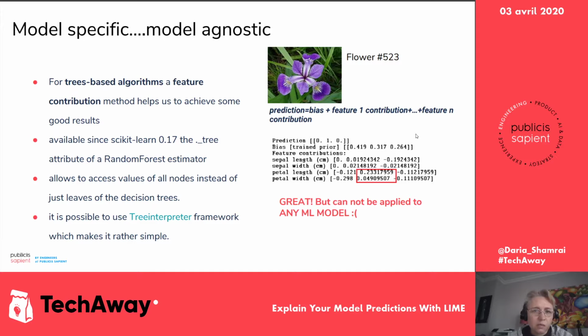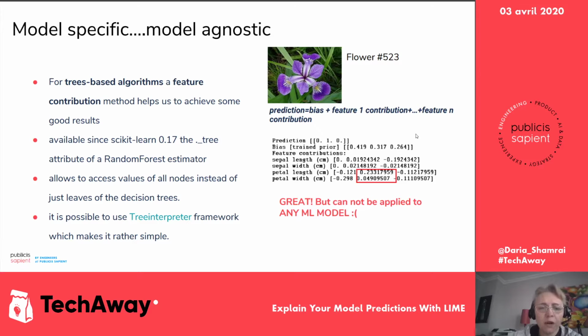Moving to the other dimension, model specific versus model agnostic, I want to illustrate the thing with one example. Again, tree-based algorithms have a cool thing called feature contribution. Since a recent version of the sklearn library, there's a way to search through each tree that participated in the decision your model delivered.